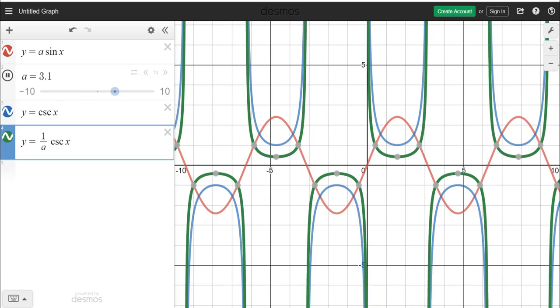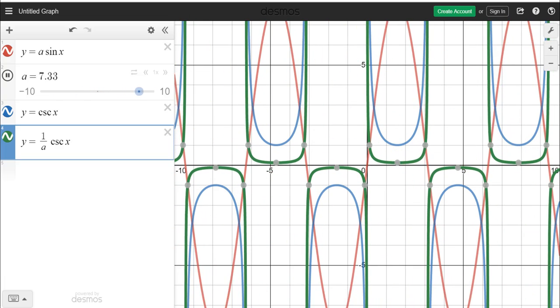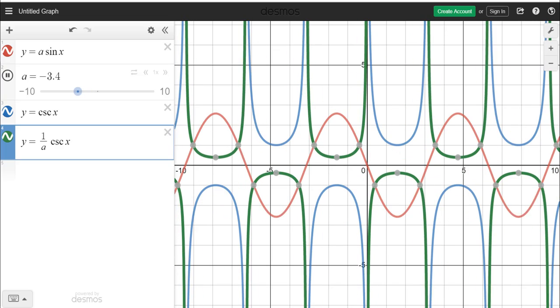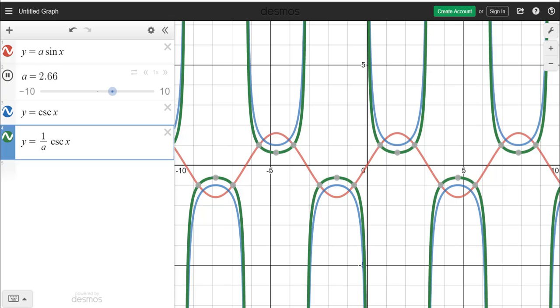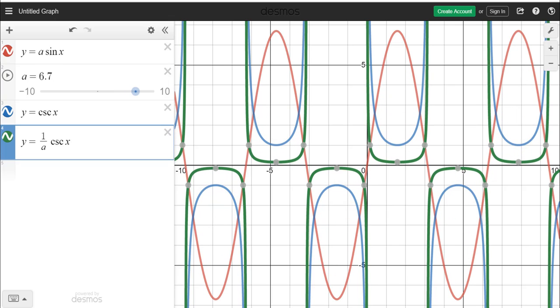Okay, so that's monster's teeth. What do you reckon? Why is it 1 over A? Why isn't it just A? Well, because A wouldn't actually be the same. So if I'm comparing A sine x, then the reciprocal of that is 1 over A sine x, which is 1 over A cosec x.